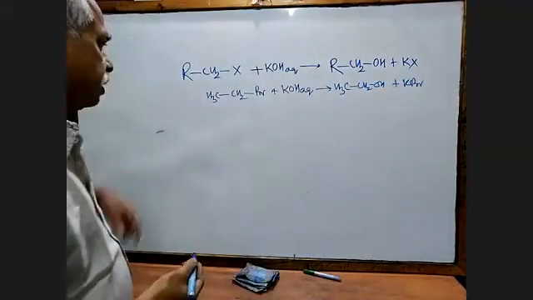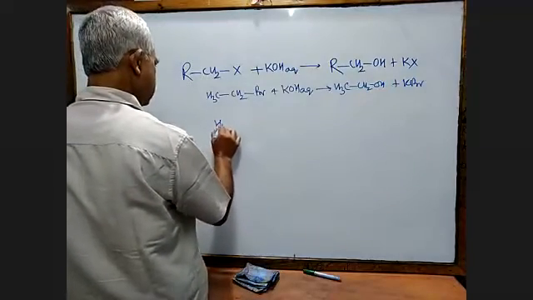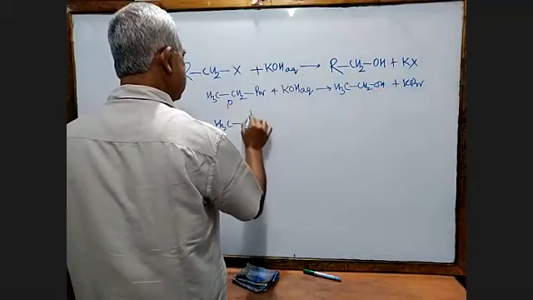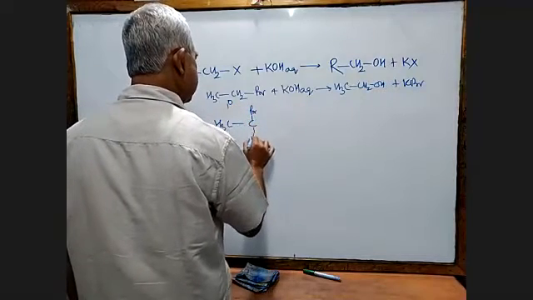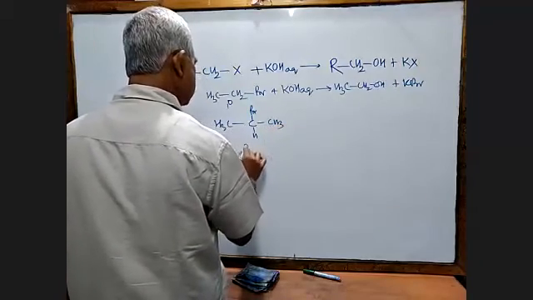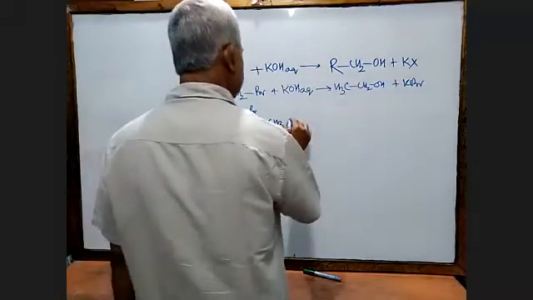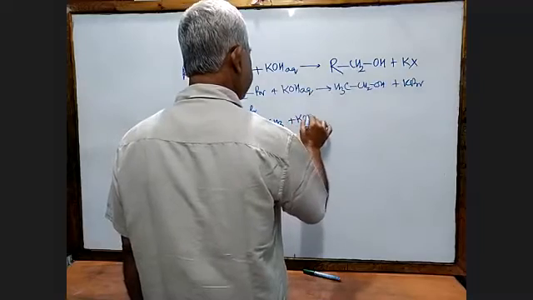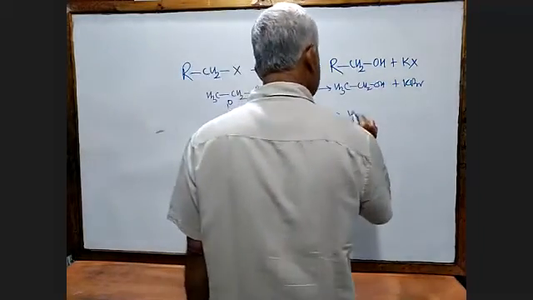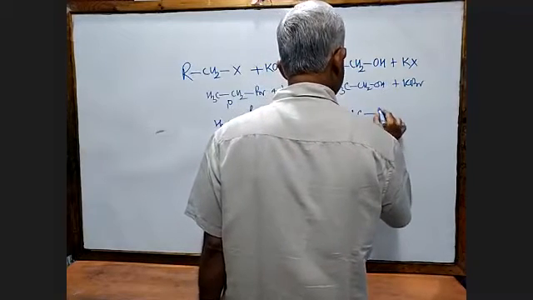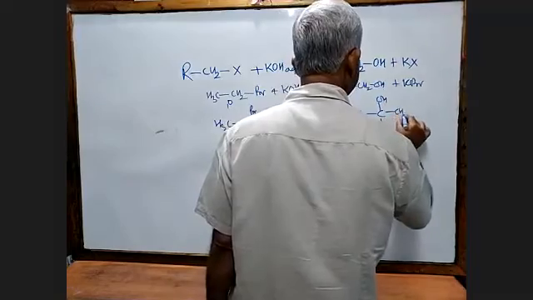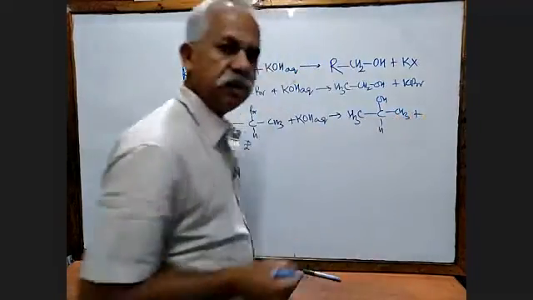Now, this is primary. If I take a secondary one, in fact your book is totally silent about it. Theoretically you are correct. If you write it in the exam, it will give you full marks. But please remember, in the entrance exam they will not give you.